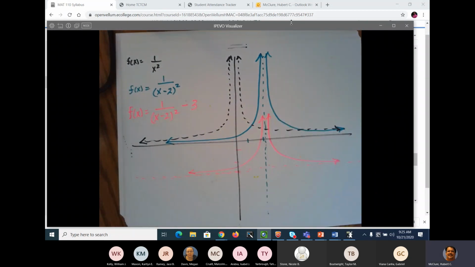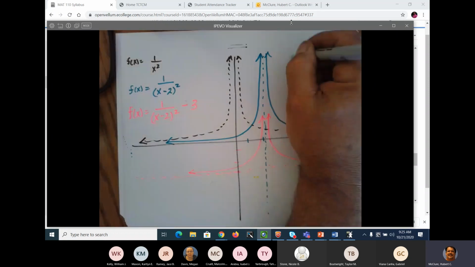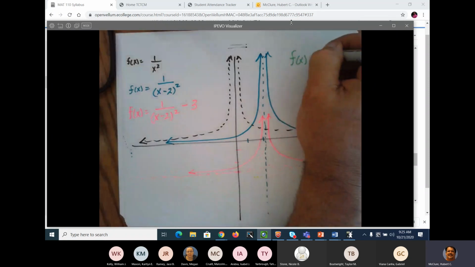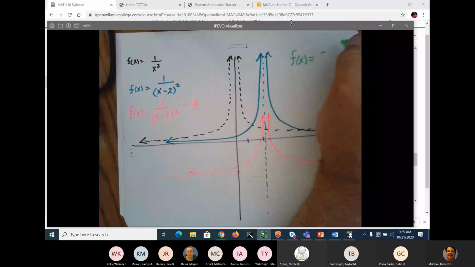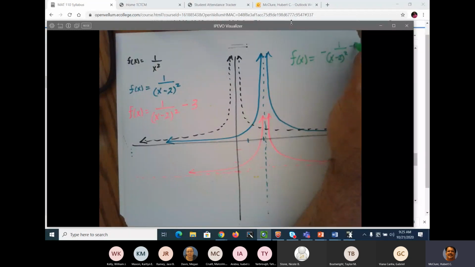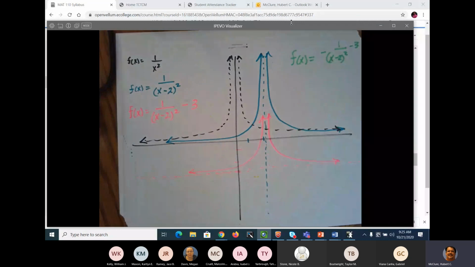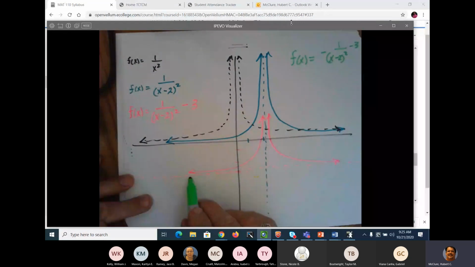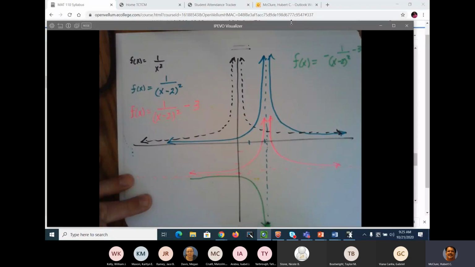And if we did the negative, it's real simple. F of x is equal to negative 1 over x minus 2 quantity squared minus 3. Then that would be flipped right here.